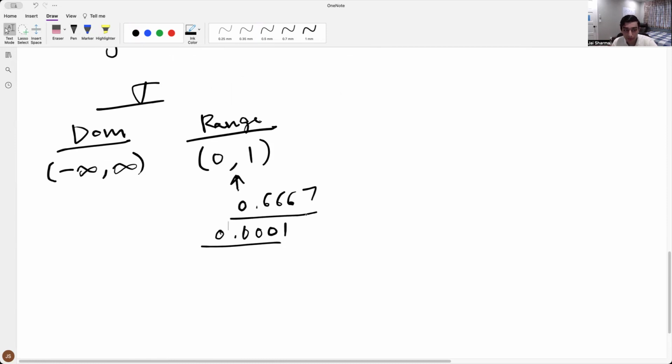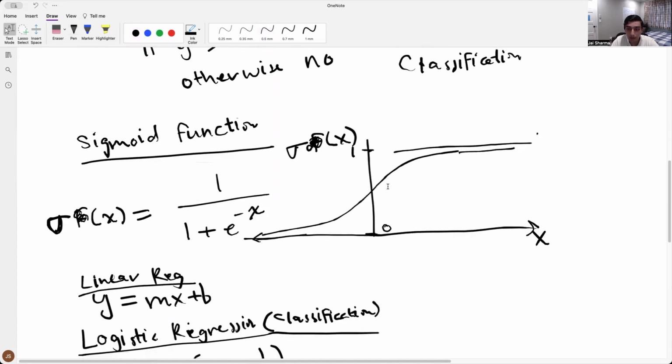So let's say that we apply this to our rain example. Is it going to rain? Well, let's say our linear regression outputs 5, and so let's say 5 is right over here.